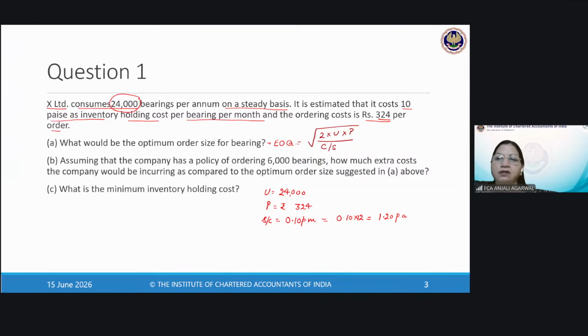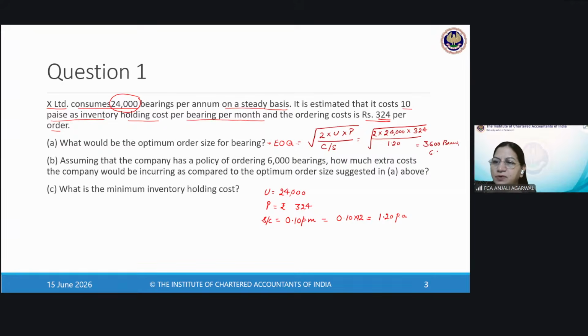Whatever denotation you are using, please also explain it in your examination answers: U stands for this, P stands for this, and C or S stands for carrying cost or storage cost. So 2 into 24,000 into the cost of placing, 324, divided by storage cost, 10 paisa per month, so 10 paisa into 12 months, 1.20. When you solve this, you get an answer that we should be ordering 3,600 bearings at a time.